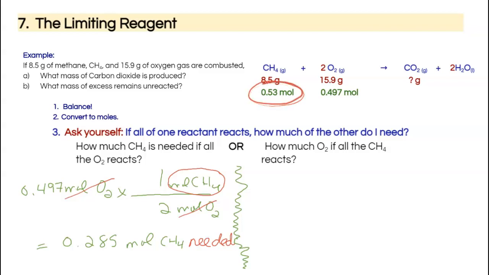I have 0.53. So I have more than enough. I like to write that out: I have 0.53 moles, which is enough. I have more than enough. I'm going to have leftovers. So that tells me that CH4 is my excess, and by default, that means that my oxygen is my limiting reagent. So that's what that would look like in this case.